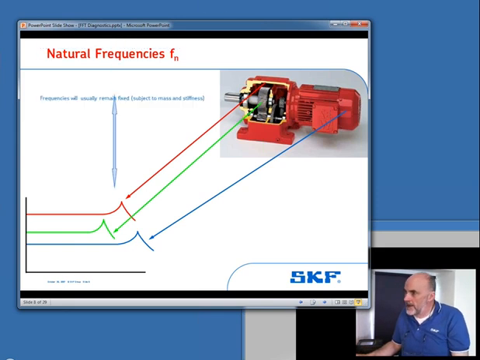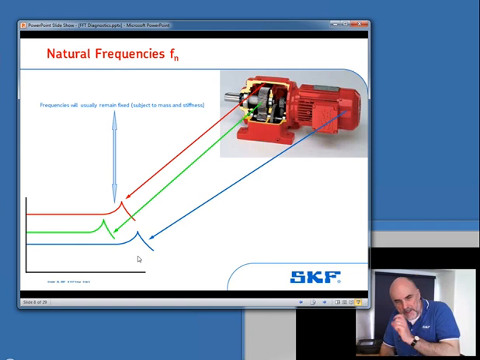Now, a nice thing about this is that these frequencies will be fixed, and that's useful to us when we're making our diagnostics. They're fixed on the day that machine is made. The natural frequency of a structure, we've seen in previous sessions, is proportional to the mass and the stiffness. So they don't normally change unless you change the mass or the stiffness.